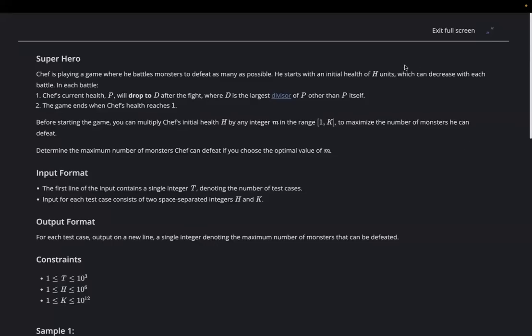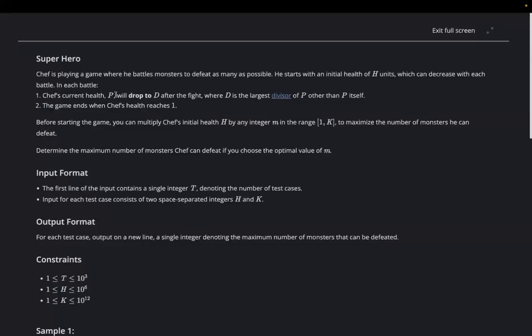Okay, let me also read the problem. It says that chef is playing a game where he starts with some initial health, and it decreases in battle. So let's say if chef's current health is P, it will drop down to D after the fight against a monster, and he wants to defeat as many monsters as possible.